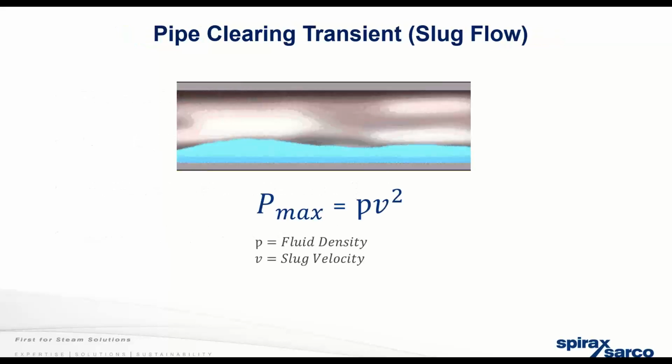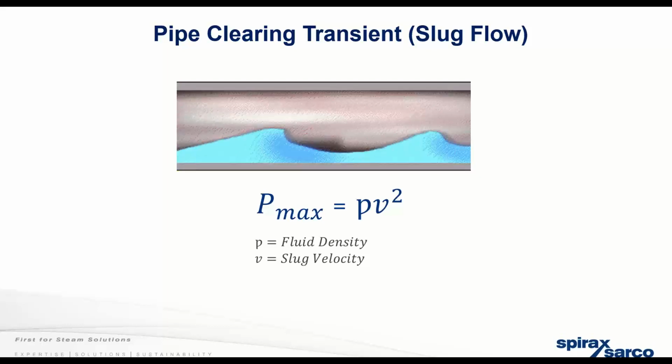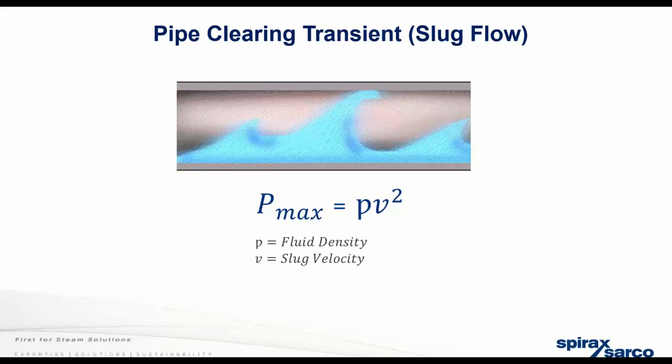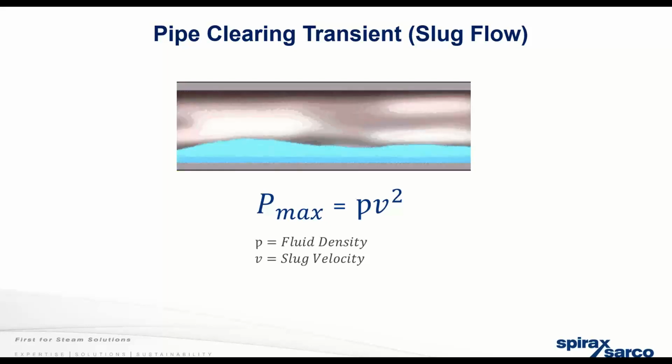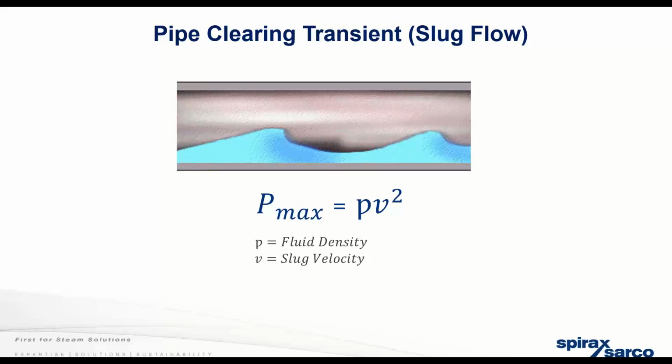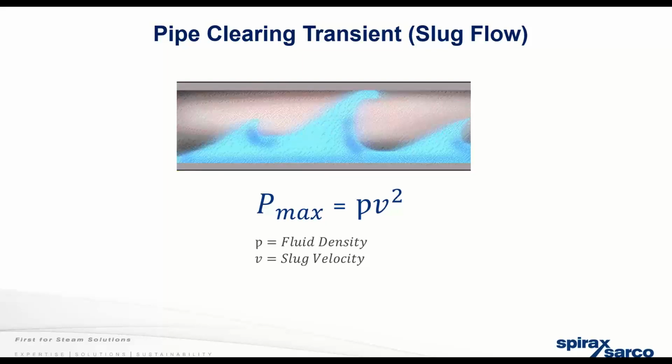Okay, pipe clearing transient, slug flow. A lot of sales engineers and steam experts would have you think that slug flow is a very detrimental or catastrophic issue in piping systems. So let's do some math here. Basically, our steam systems carry water and condensate, and if you can see this GIF file, as that condensate builds up in our piping system and the wave touches the top of the pipe, it has to touch the top of the pipe.